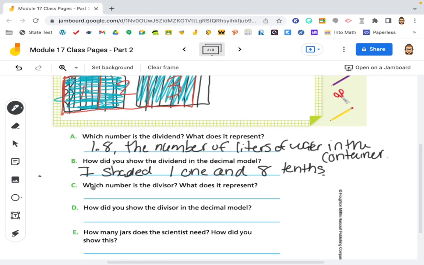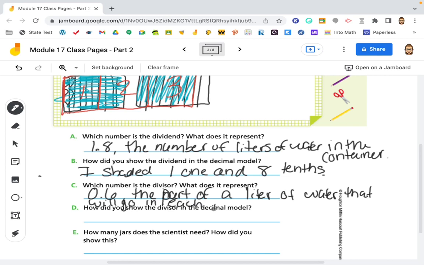So which number is a divisor and what does it represent? Well, 6/10 is the number we're dividing by, the divisor, and it is the part of a liter of water that will go in each jar.